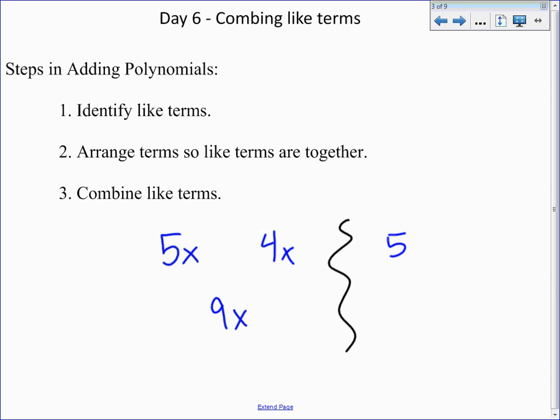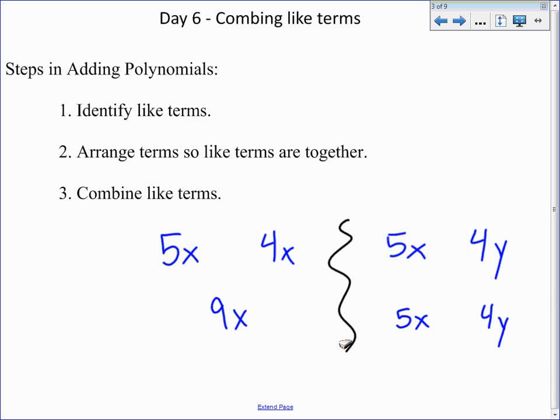We have 5 glasses of orange juice, but then we change the 4, instead of being an x, we change it to a y. It'd be like having 5 glasses of orange juice and 4 glasses of milk. Well, if we wanted to consolidate those, we're not going to consolidate them into one pitcher. We're going to leave it as 5 glasses of orange juice in one and 4 glasses of milk in the other. Because if you combine the milk and the orange juice, then it's just gross and it doesn't make much sense.